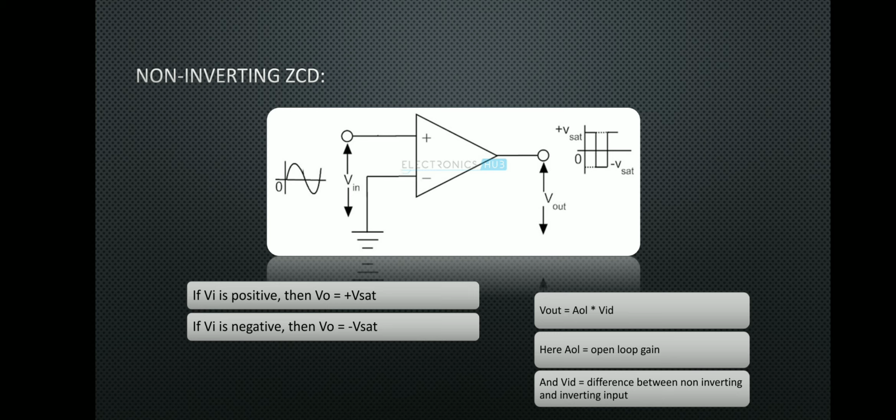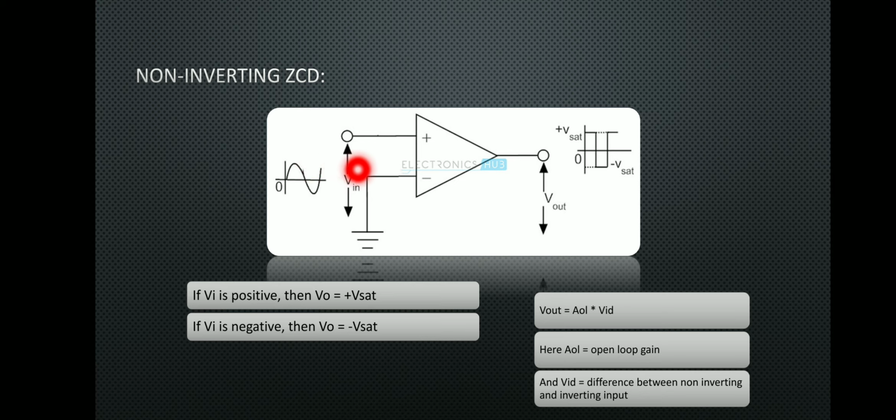As I said in the previous slide, one is given as the input and the reference voltage is grounded. That is, in such a case, the reference voltage would be 0 volt, so it is called the zero crossing detector.